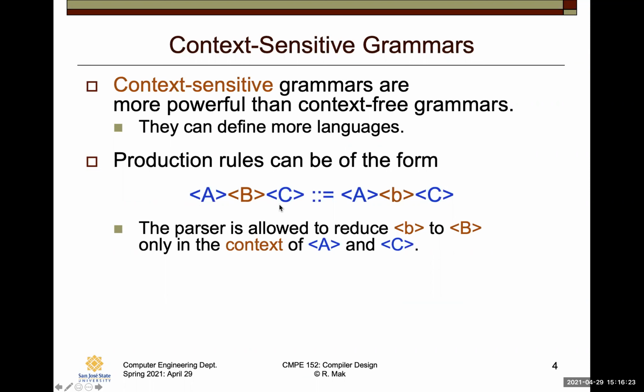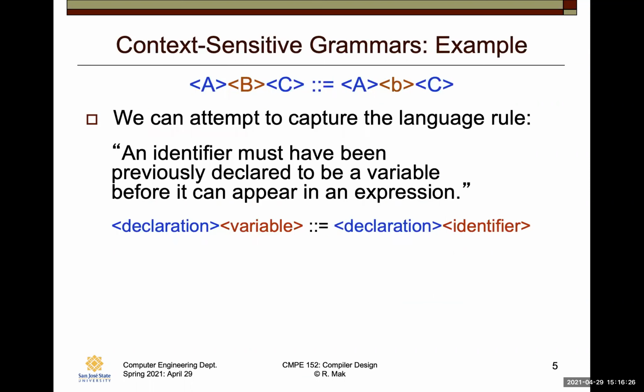Now, how would we use that? For example, let's say we have a rule that we've seen before: an identifier must have been previously declared to be a variable before it can appear in an expression. If you have an identifier in an expression, you can't use that identifier unless you've already declared it to be a variable. With a context-sensitive grammar, we can actually capture that rule.